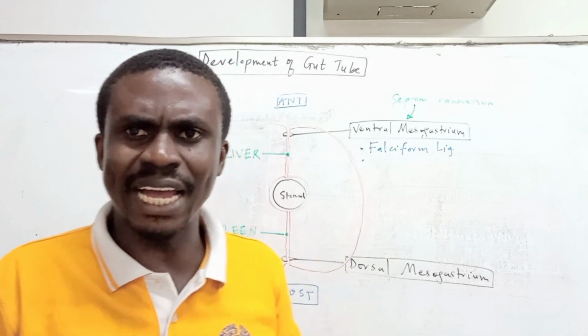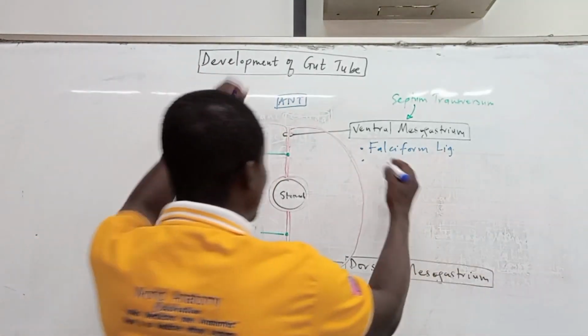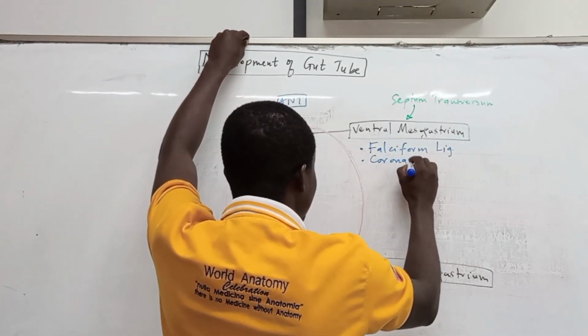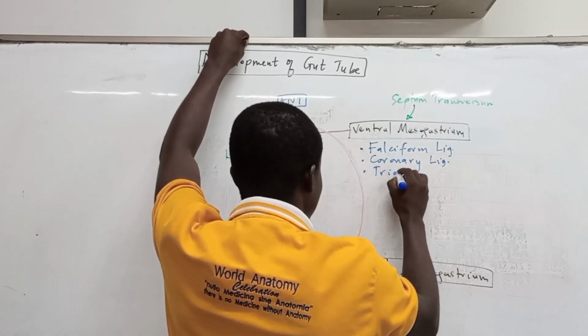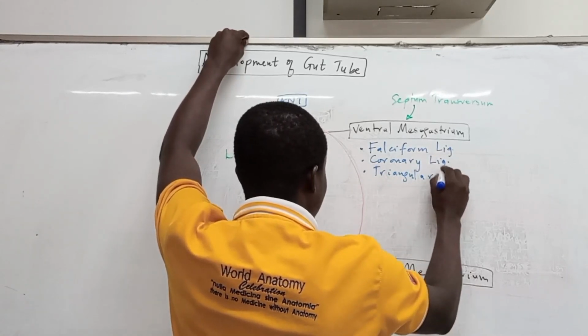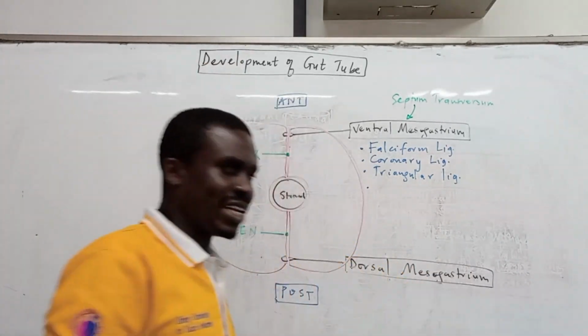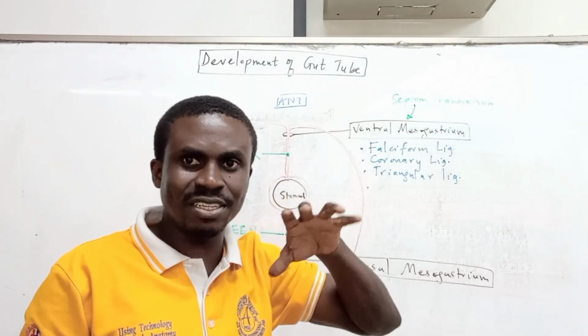You know about those, the coronary and of course the triangular ligaments. So they are also derivatives of this ventral mesogastrum. So we are talking about coronary ligaments, and triangular ligaments.